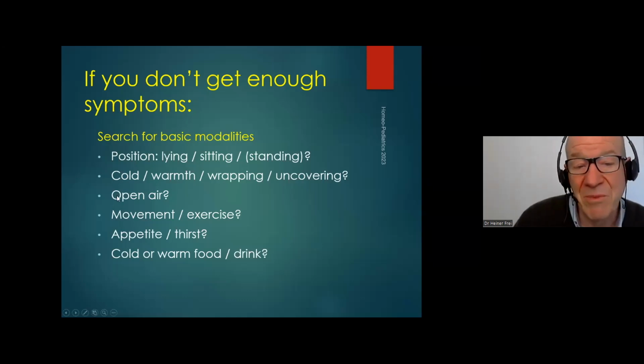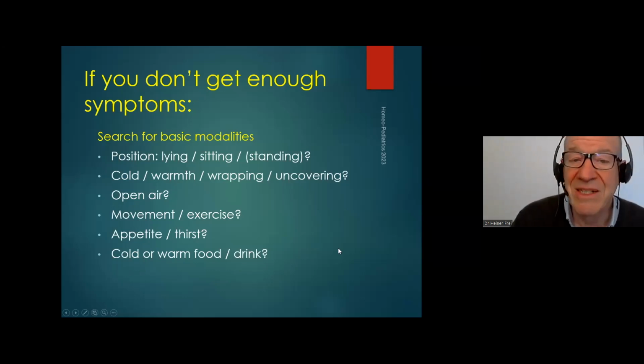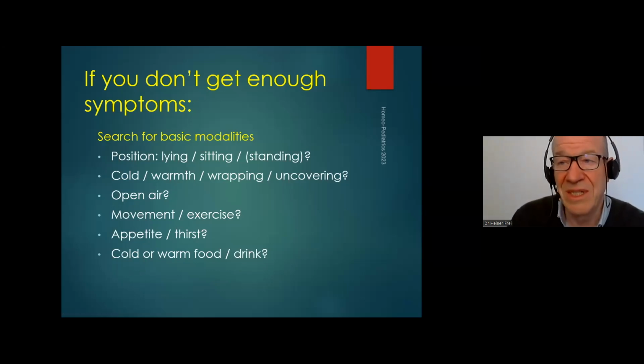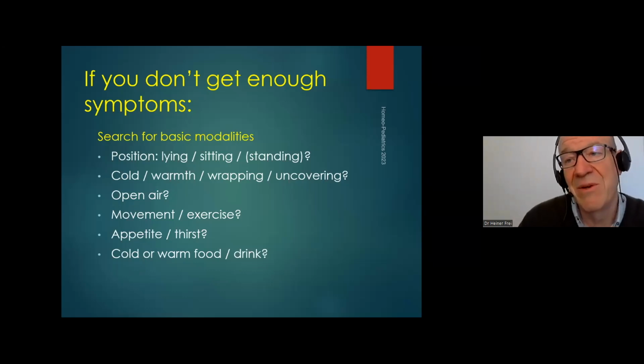How is it with open air, with movement, exercise, appetite, thirst, cold or warm food, drink? These are very helpful. And only these few polar modalities can already decide which remedy a baby or small child needs.